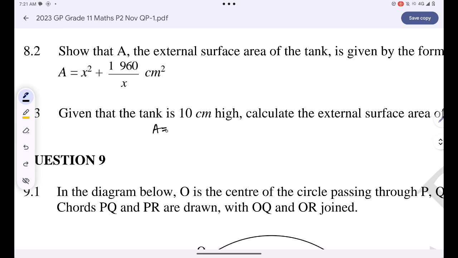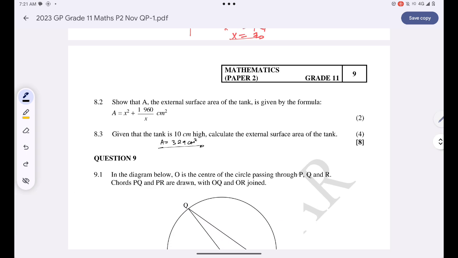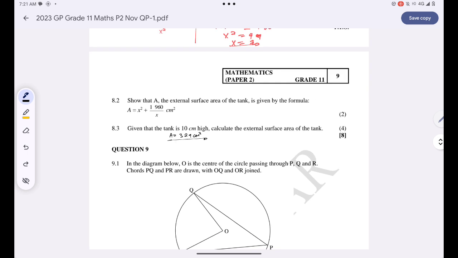The area is simply equal to 329 cm squared. That's how I could have tackled the 8th question, guys. Just stay tuned, the 9th video is on its way.